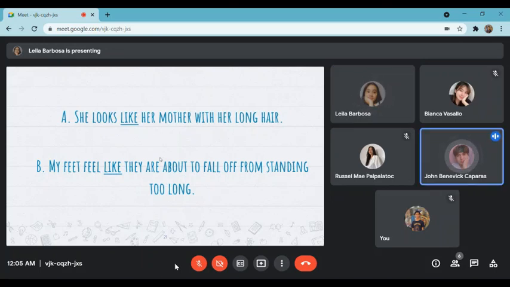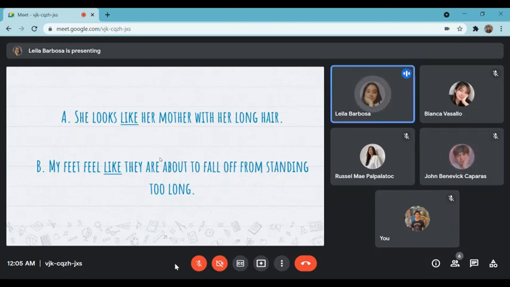She looks like her mother with her long hair. So for our letter A, the sentence is she looks like her mother with her long hair. So the verb of the sense that is being appealed to in this sentence is looks, or the physical sense.